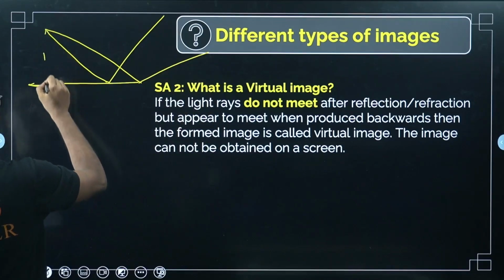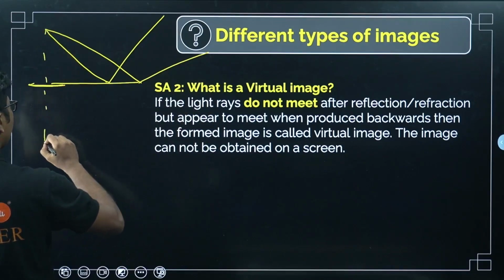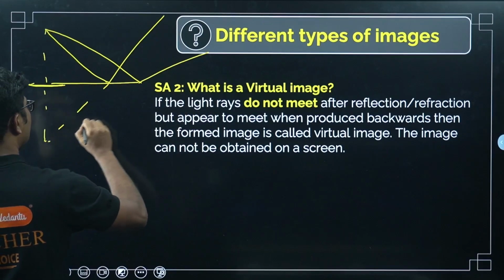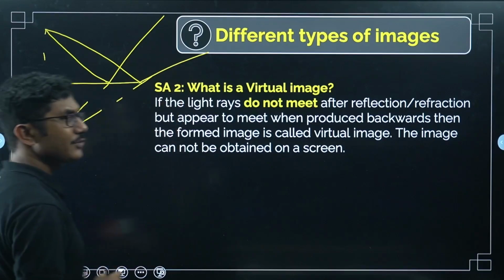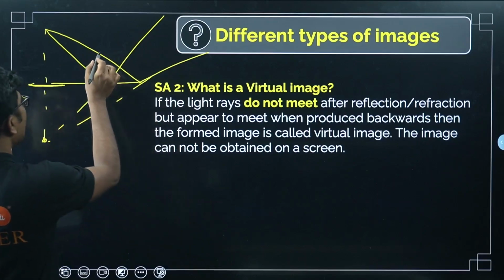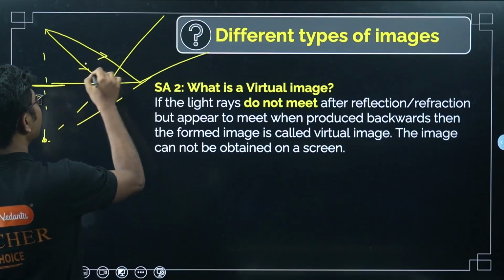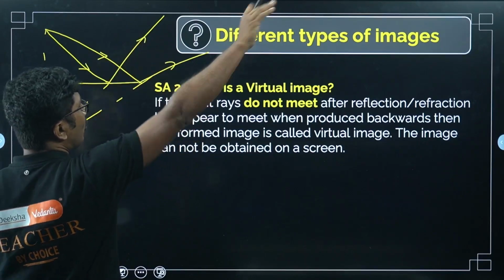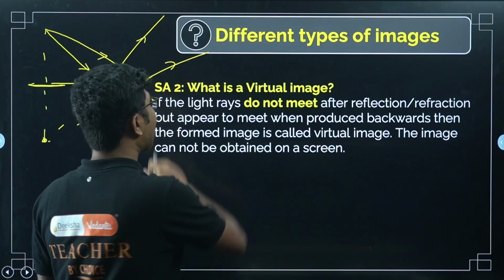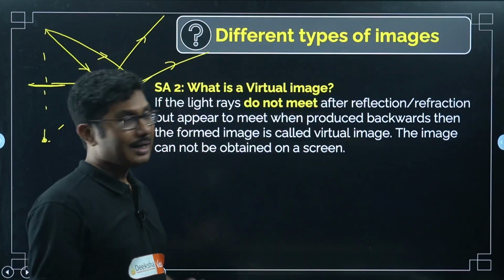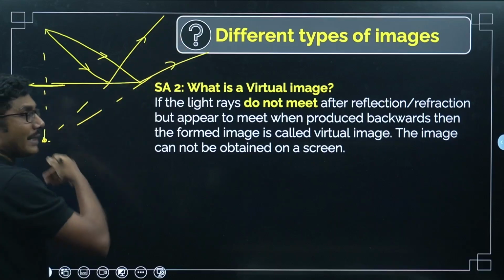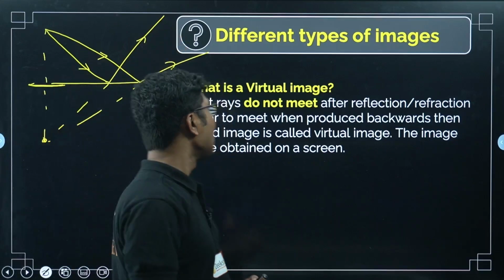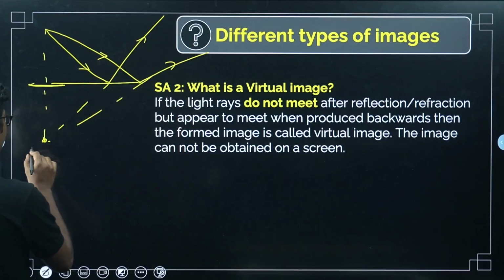Now what you have to do to find the image is trace them back and say, okay, this is the image for this object, right? Now if these two rays actually meet, no matter how long you take them, if they actually meet at some point, then it would have been a different type of image. But since they are not meeting, and the only way to make them meet is to take them backward, this is a virtual image.